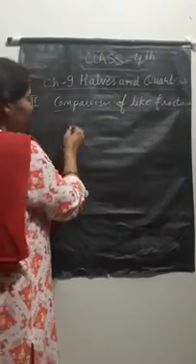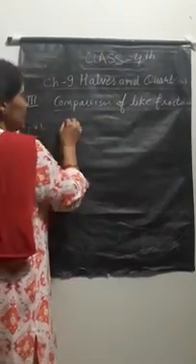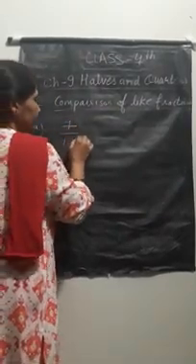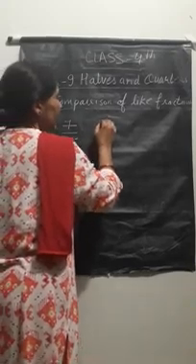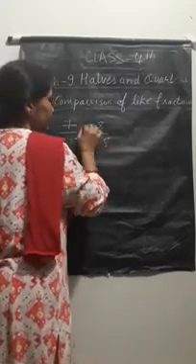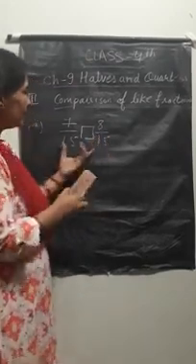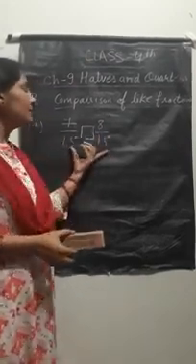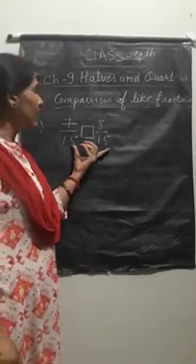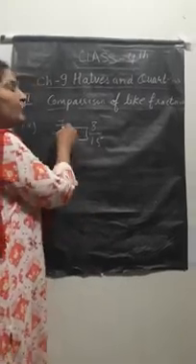Here suppose I have written 7 upon 15 and 8 upon 15. These are like fractions, and we have to check the numerator.